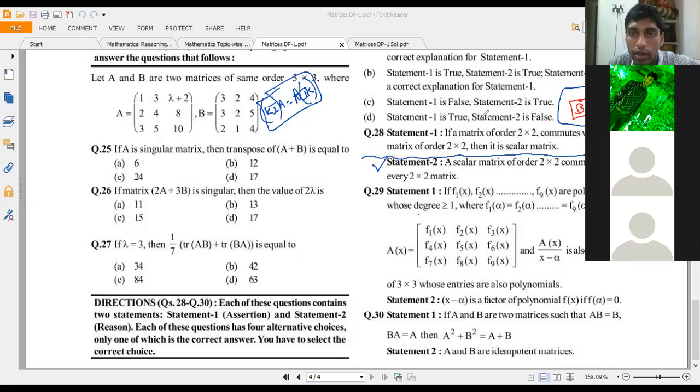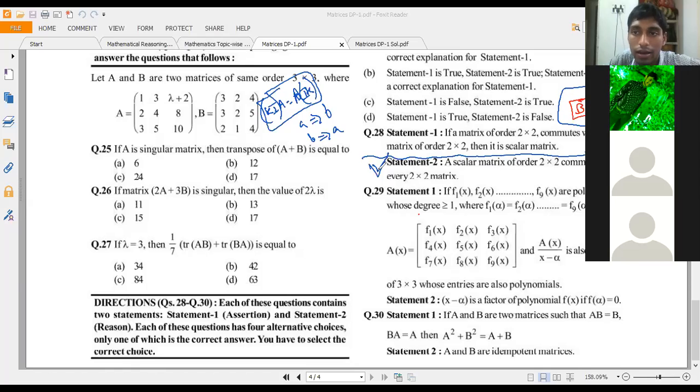Third statement is telling if a matrix of order 2 by 2 commutes, it's actually the opposite statement, you know. This is telling a scalar matrix will commute. First one is telling if it commutes then it is scalar. So the converse statement is not necessarily true, na? See, A implies B does not always mean B also implies A. So this one is fine.